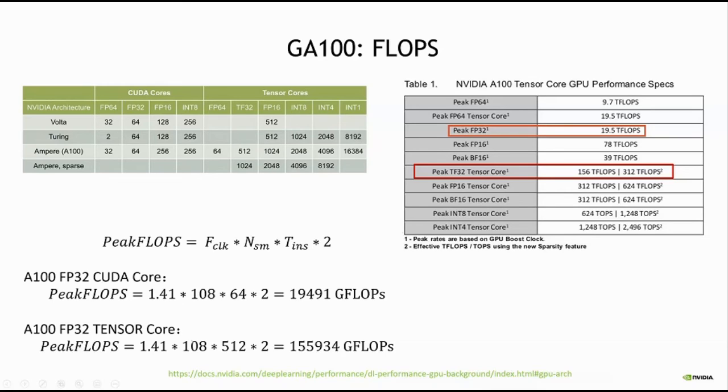So here, if you look at the instruction per cycle, you'll notice that for the tensor cores and for TF32, I can do 512 instructions per cycle, right? And that's where you'll notice that the peak performance numbers get calculated by the clock frequency of the GPU, which is 1.41 gigahertz, multiplied by 108 SMs, multiplied by the 512, which is the instruction per cycle, and multiplied by 2, right?